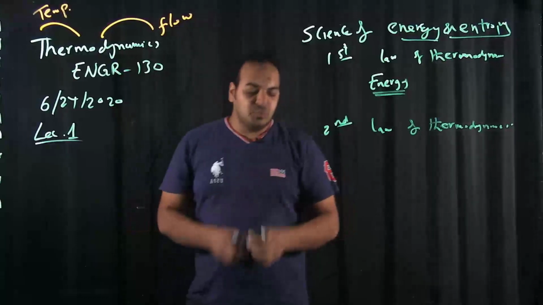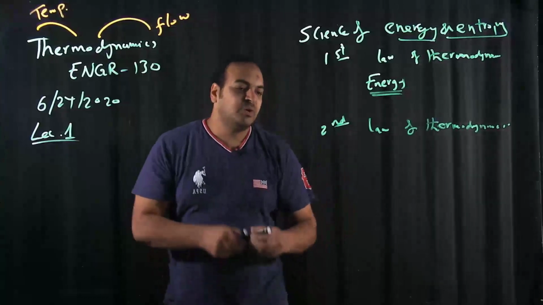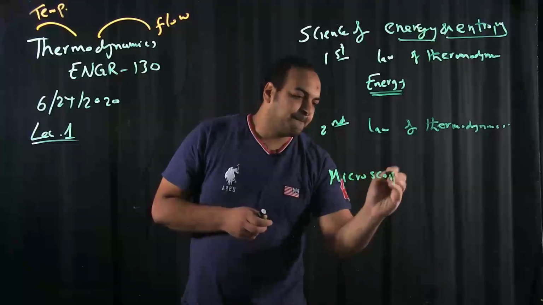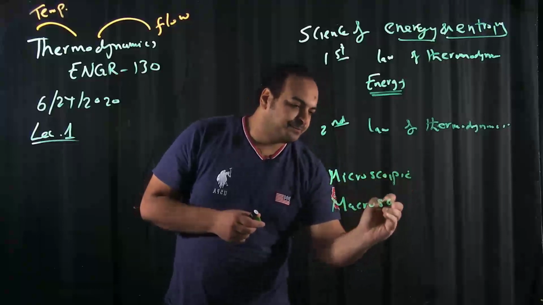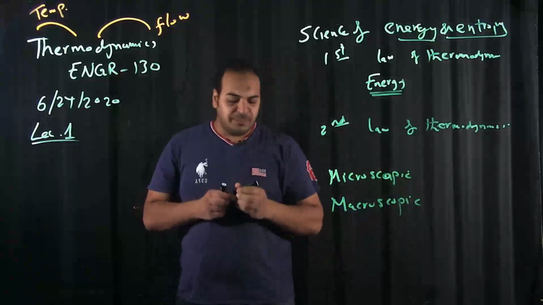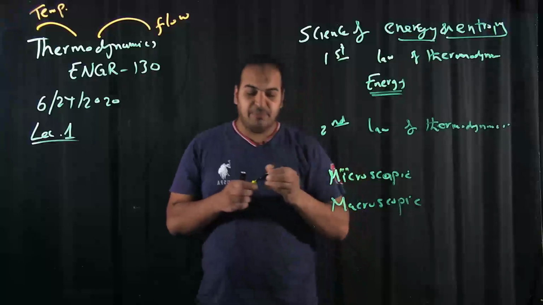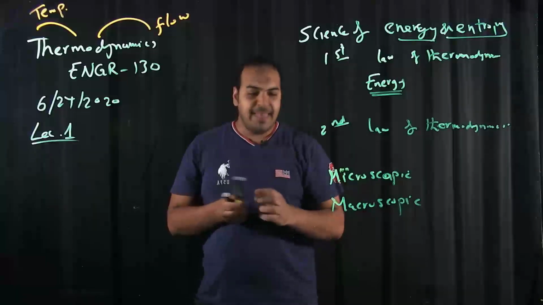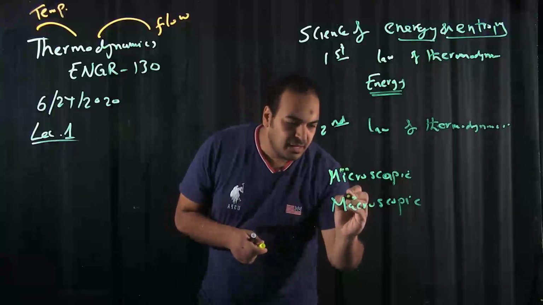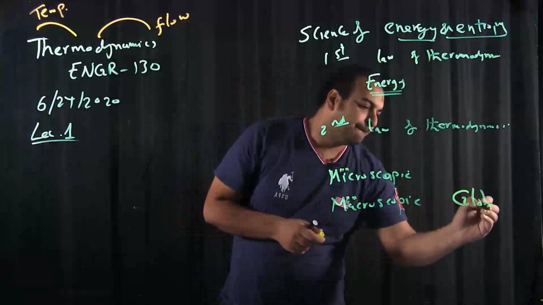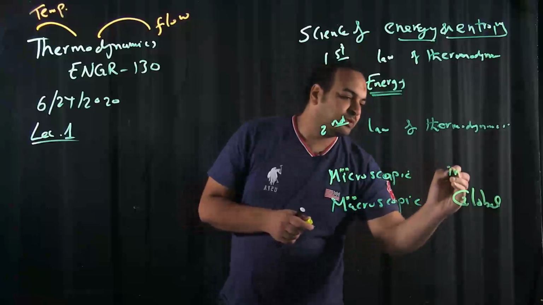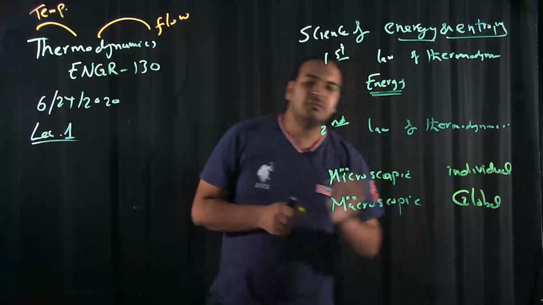We're going to talk about two important definitions, which are microscopic and macroscopic. Macroscopic, with an A, I'm talking about global. Microscopic, with an I, means I'm looking for details, individual. For example, the School of Engineering.